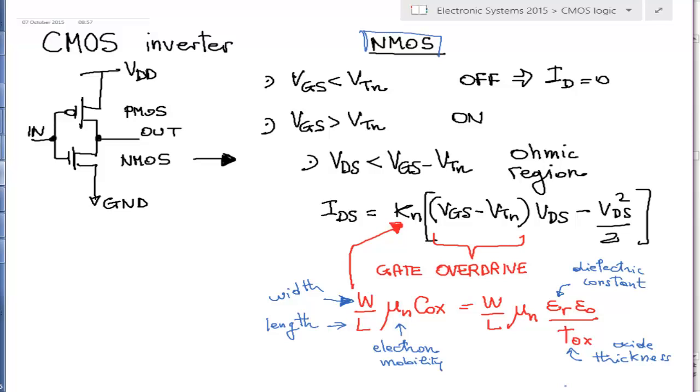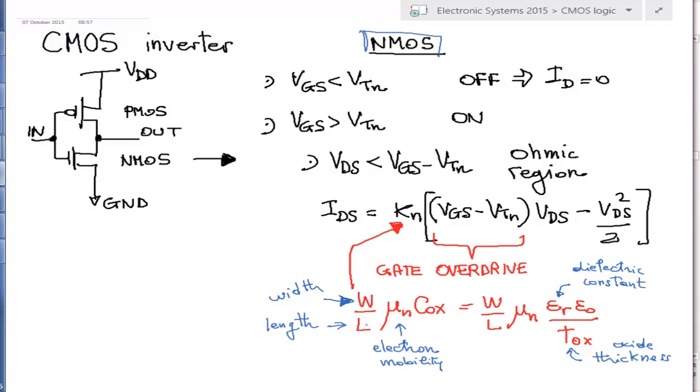Okay, this part also is important to keep in mind, what are the functional dependencies. You see, this Kn is something to which the current is proportional.